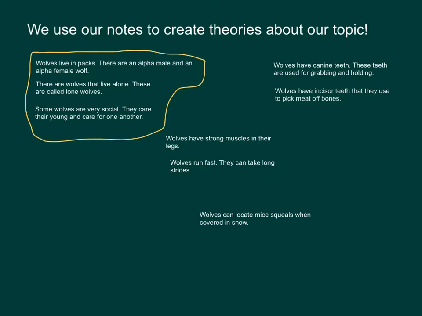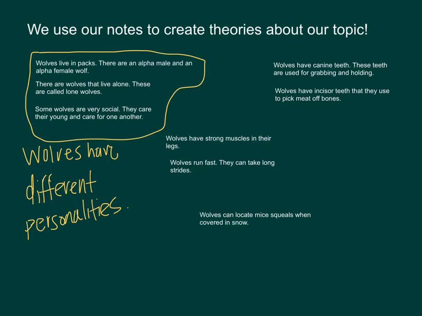Some live alone, and some care for their young in the pack, while some have other jobs, such as hunting. So I'm going to write that down as my theory now. Alright, readers, so I wrote that wolves have different personalities, and this is my theory or my thought about these Stop and Jots.